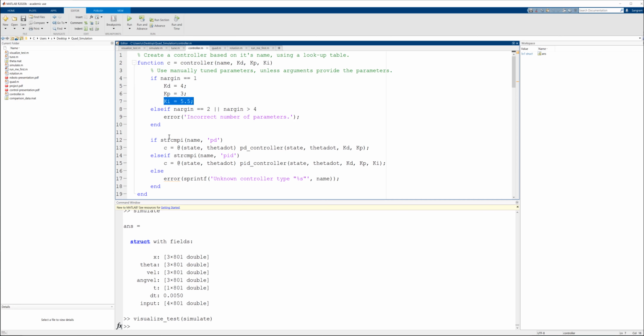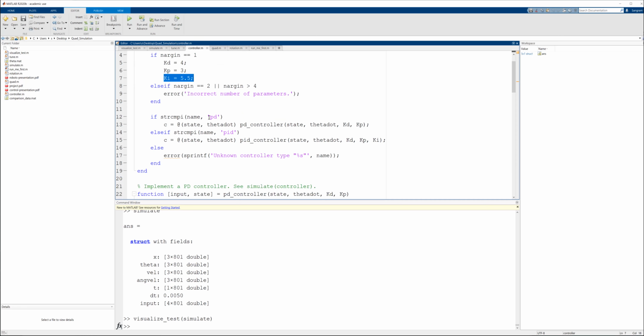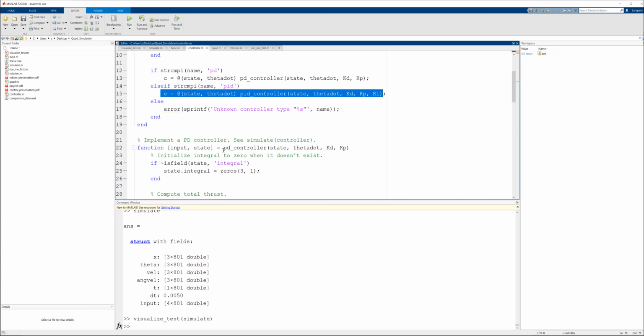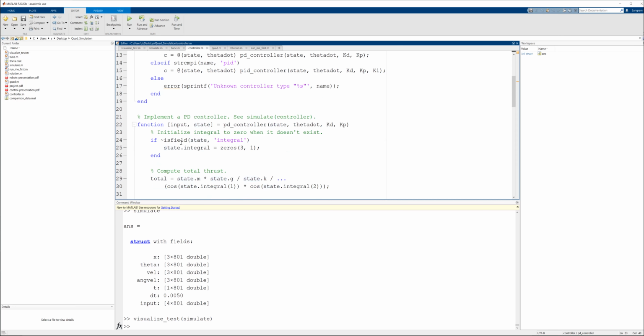So next thing, it's going to see if it is a proportional control, you have this function that's actually going to find out the states for the proportional derivative control. If you have a PID control, then it's going to find out the states for proportional, integral, and derivative control. So how does this work? For PD control, it will take the value of the state and find out the controller values.